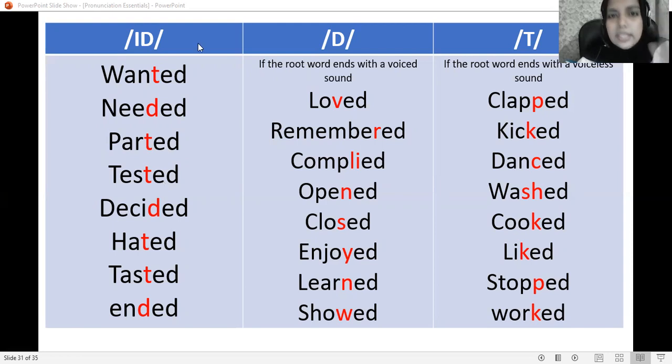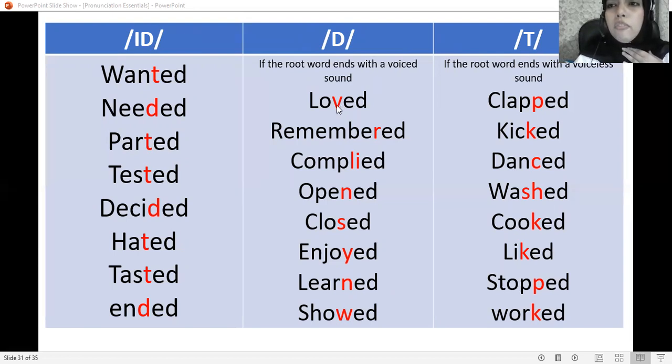So that is actually the answer of why ed is sometimes pronounced as d or t. If we look at these letters, v, r, y, n, s, w, touch your vocal cords and try to pronounce the last sound of each and every verb.